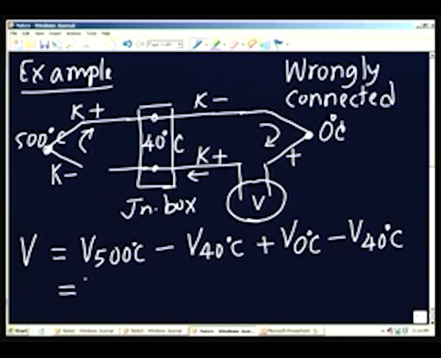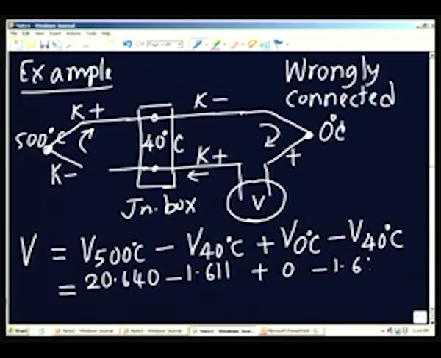So, we can put the values here. 500 degrees, the value from the table is 20.640. This is 1.611, all in millivolts. This will be 0, and this again 1.611. This gives a value of 17.418 millivolts.